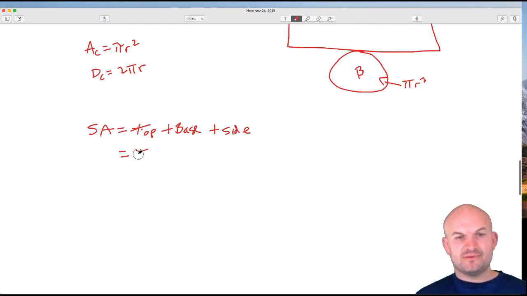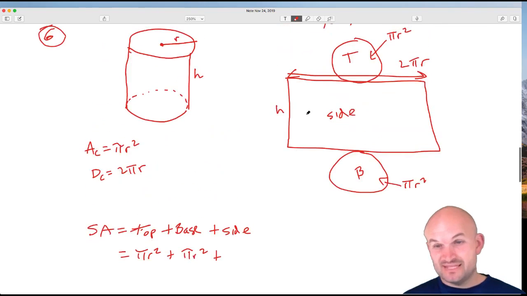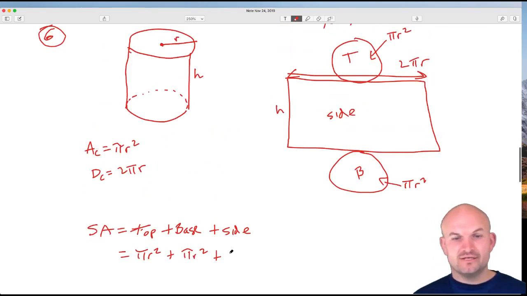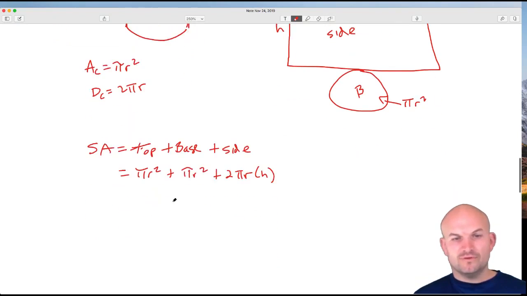The top is going to be pi r squared. The base is going to be pi r squared. And the side is a rectangle, right? So it's going to be 2 pi r times h. Well, these are combined, so we can say 2 pi r squared plus 2 pi r times h. And that is the surface area.